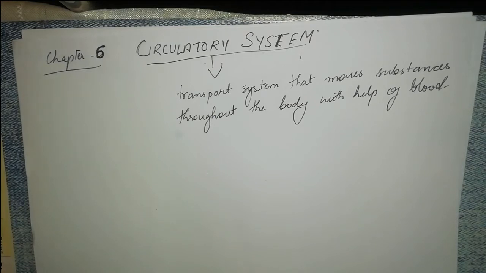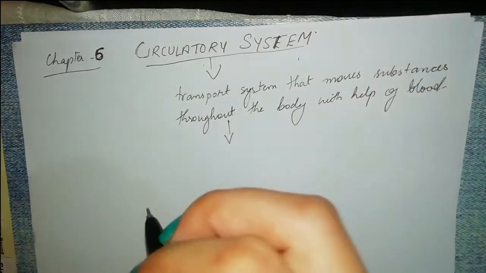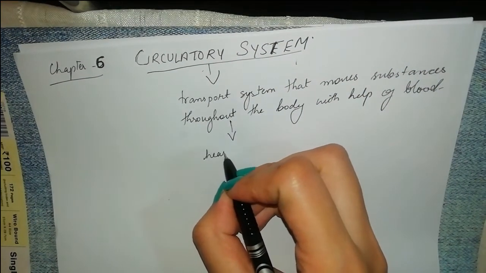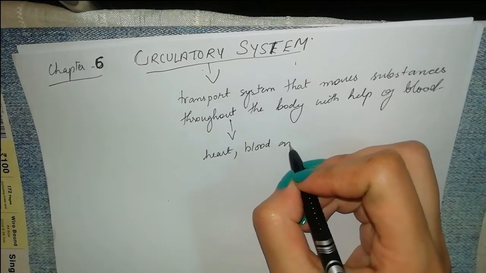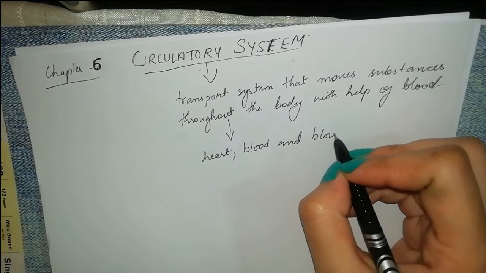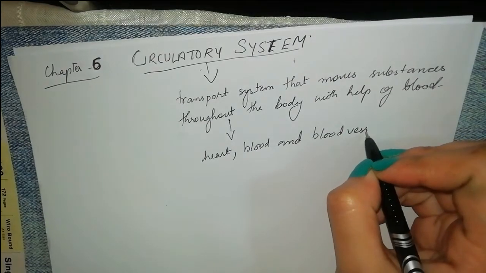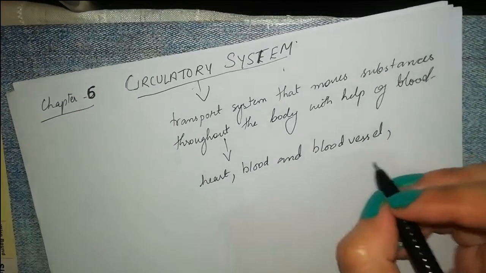So the human circulatory system consists of your heart, your blood and blood vessels, and your lymphatic system.